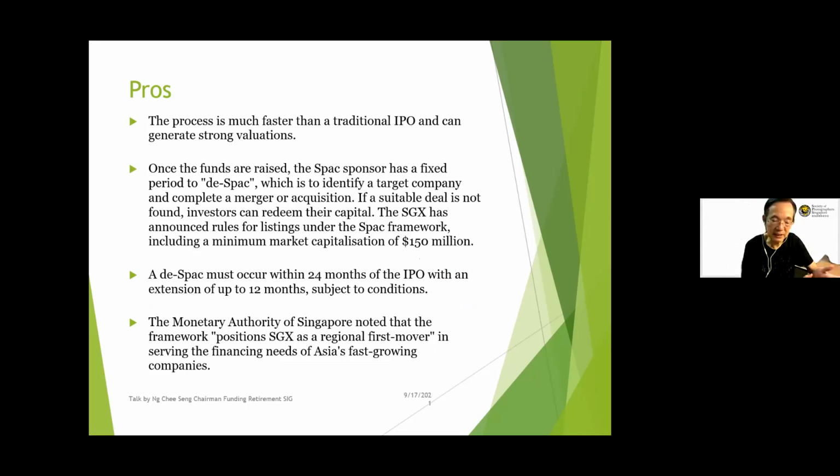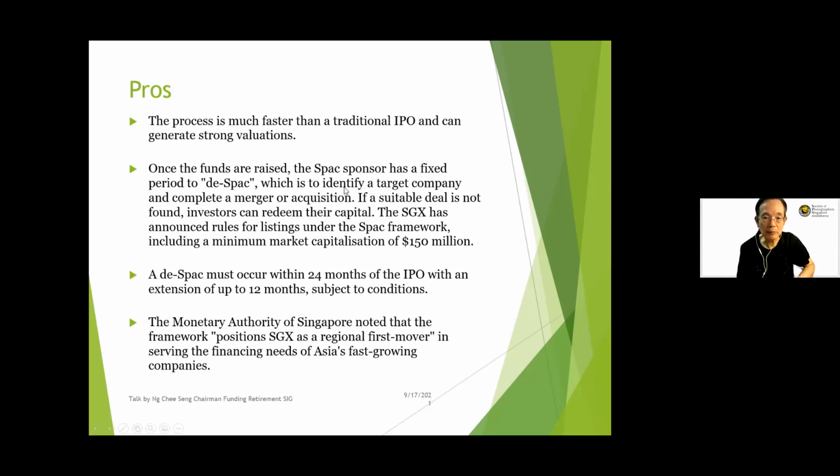Whether you list in a traditional IPO or go to the SPAC space, most companies want to get a good valuation for their business. That means they can get better value for the shares when they go for listing. Once the funds are raised, the SPAC sponsor has a fixed period to de-SPAC, which is to identify a target company and complete a merger or acquisition.